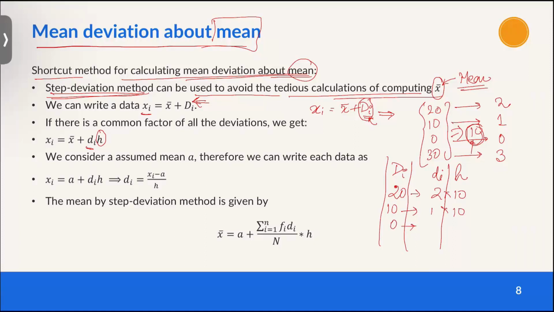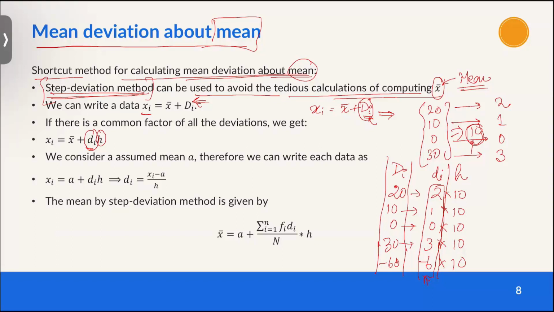For 0, you can write 0 into 10. For 30, you can write 3 into 10. You can take negative values also. So minus 60 if you have, you can write minus 6 into 10. Okay. So these di's are the step deviations. This is known as step deviations, and this is why this method is known as the step deviation method.